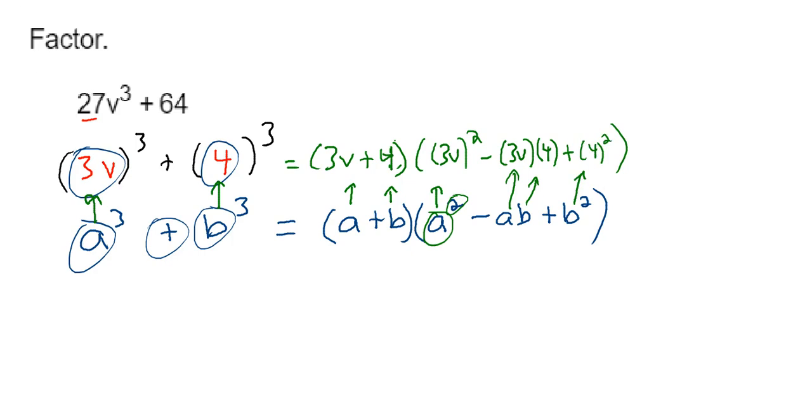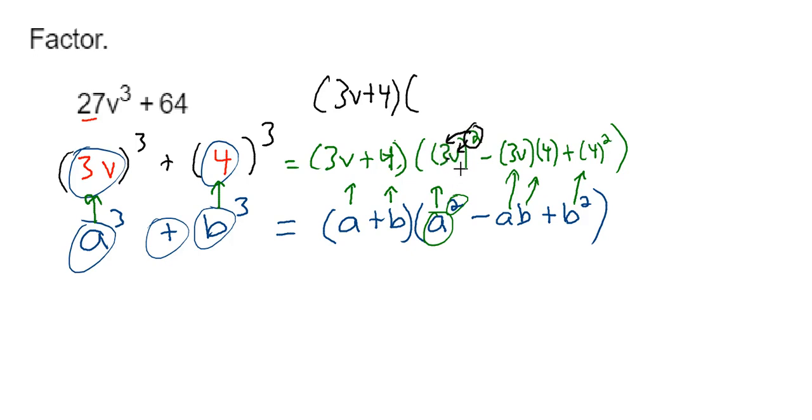All right, so then we want to simplify this. I'll just do it above this because I don't think I'll have room over to the right. We're going to have 3v plus 4. So the first factor really comes out just fine. You don't have to make any adjustments to it or simplify it in any way. But this one we do have to simplify. And this power of 2 can be distributed to each of these factors. Because if you're multiplying, you can distribute your exponent.